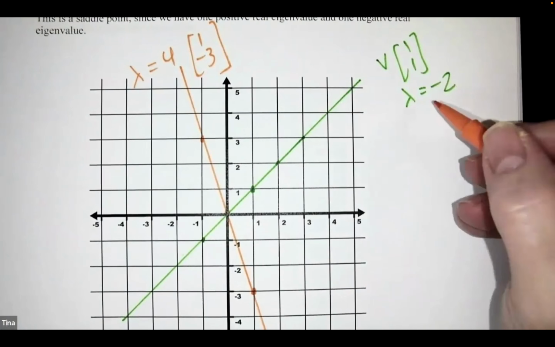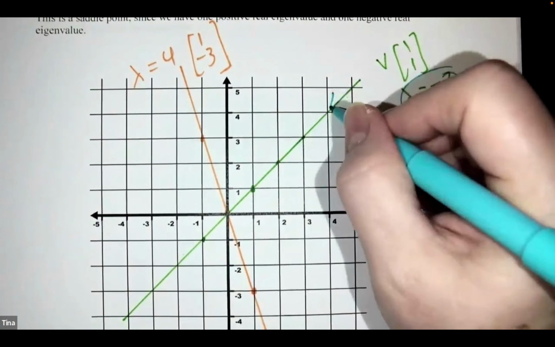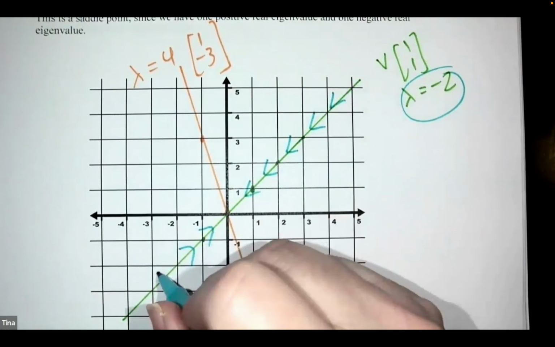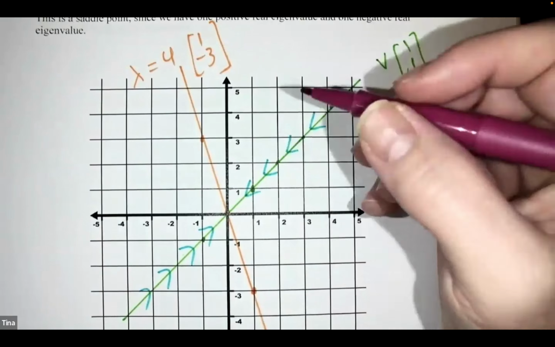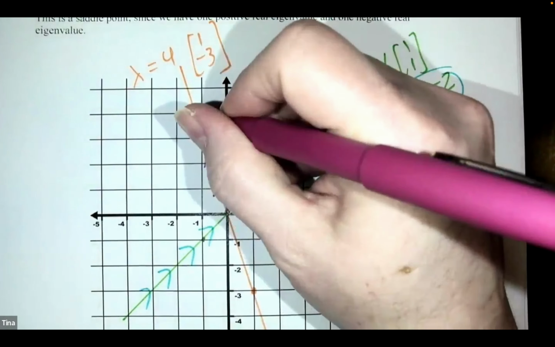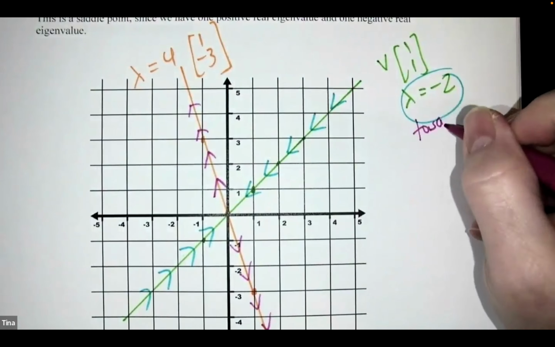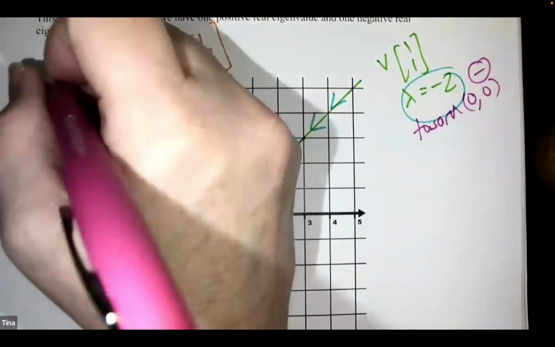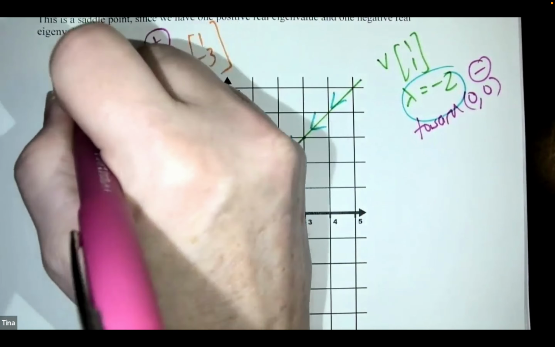So let's see. If it's a negative eigenvalue, arrows are going towards the origin from both sides, pointing towards. And if it's a positive, then the arrows are going away from the origin. Negative is toward, and positive is away.